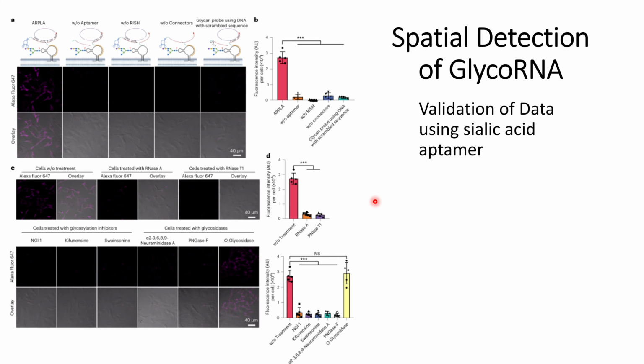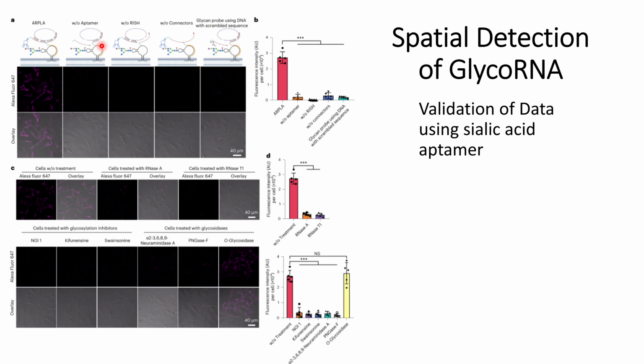And this is the figure in which they tested their new reporter, which they call ARPLA, using different controls. First they used their wild type ARPLA, which gives this Alexa Fluor 647 signal. For this figure they used the aptamer that is specific to the sialic acids.